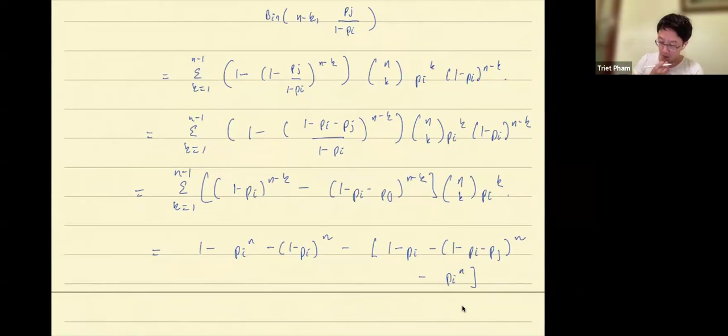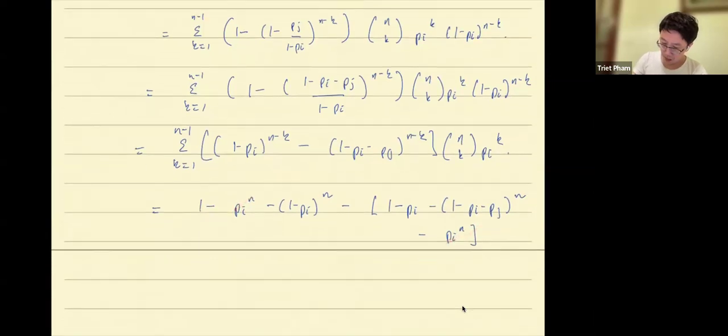Let's see if we're lucky here. This cancels, this cancels, and the only thing that's concerning is the 1 cancelling.